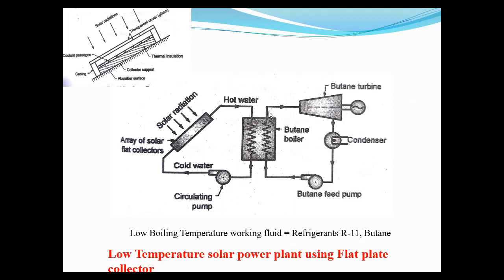The butane vapors are passed to the butane turbine, where they drive the generator, and the expanded vapors are then passed to the condenser, where they condense, and the condensed butane is again supplied into this boiler with the help of this feed pump. So typically, low boiling temperature working fluids include refrigerants like R11 and butane.